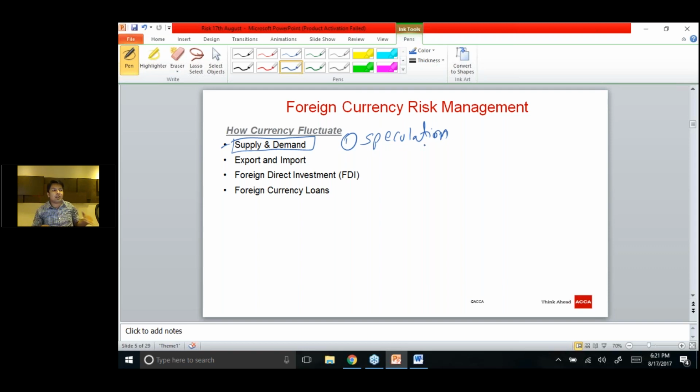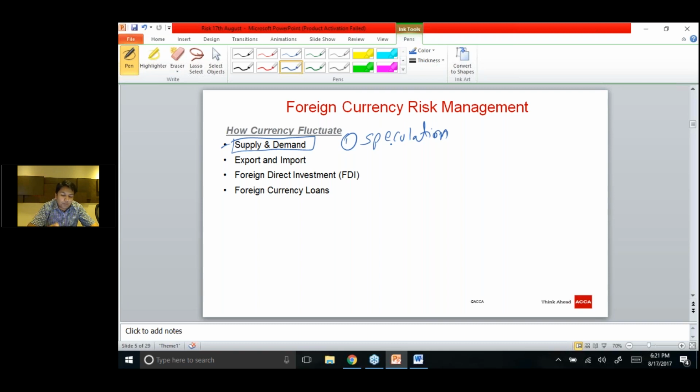Investors are buying some currency in order to speculate for profit. Investors are selling currency in order to exit from their selling position. So the majority of investors speculate on currency in order to get a profit.